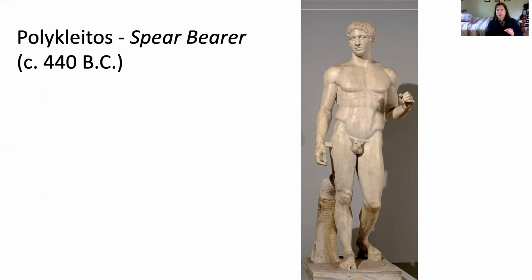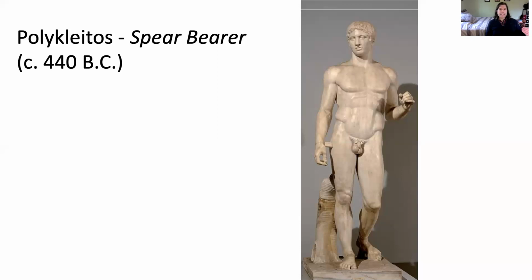The other study guide term that I want to cite here is contrapposto. It's right there in your study guide, contrapposto, an Italian term. That refers to a kind of realistic, relaxed stance in which you are putting more of your weight on one leg, thus allowing the other leg to be relaxed and bent at the knee. Obviously here with the Spear Bearer, the weight is on the right leg and the left leg is relaxed.